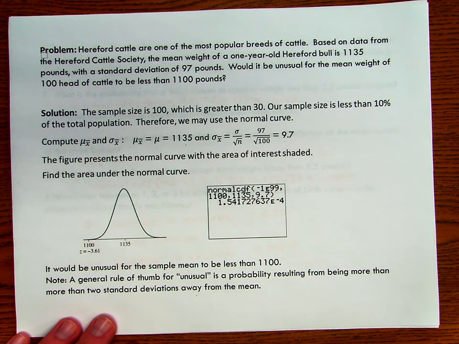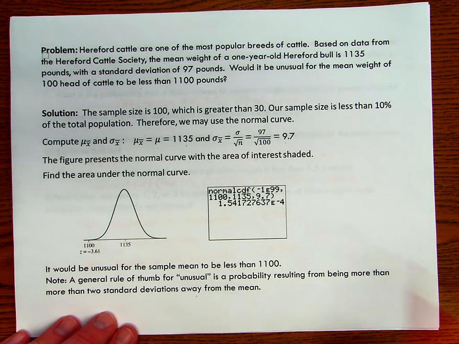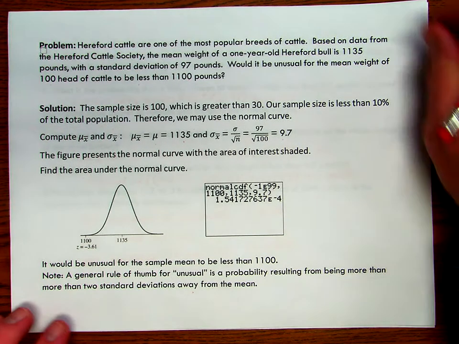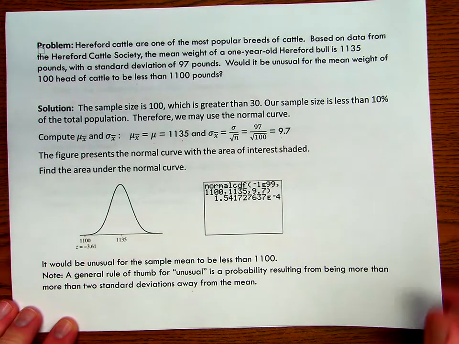More than 2 standard deviations away from the mean, or the less than 5% accomplish the same thing. To be more consistent with what we've done in the past, probably better to concentrate on the 2 standard deviations away from the mean, rather than introducing a different way of describing it. I'm sorry, the less than 5% rather than the 2 standard deviations away from the mean.